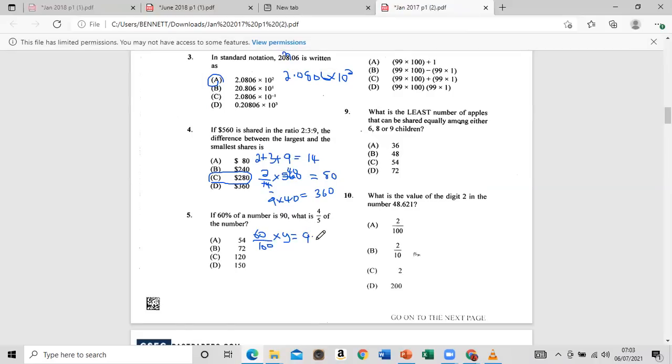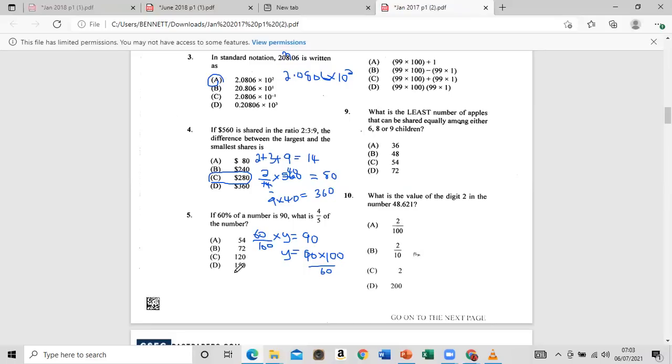So now we transpose: what's being multiplied is going to be divided, and what's being divided is going to be multiplied. So it's 90 times 100, and then we divide by 60. So that's 9,000 divided by 60, which is 150. All right, so we know that the number is 150.